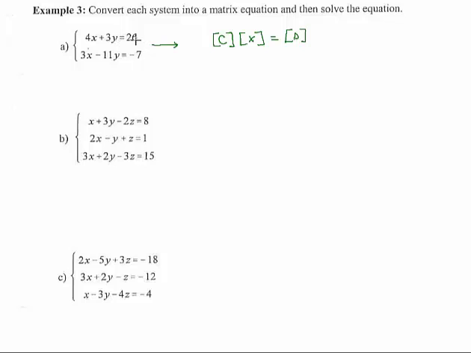D is just going to consist of 26 and -7. C is 4, 3, 3, -11. The variable matrix, x, I didn't put the y, but that matrix is x, y. We only have variables x and y in our equations. This is a system of 2 equations, so 2 variables. And then D is the column matrix 26, -7.